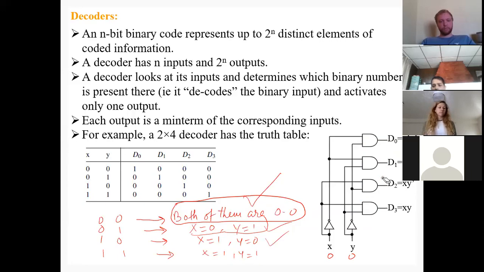If this guy is 1, rest is 0, then both of them are 1. This is how this guy talks. We have to understand the language. Meaning, in principle, it decodes the binary input.